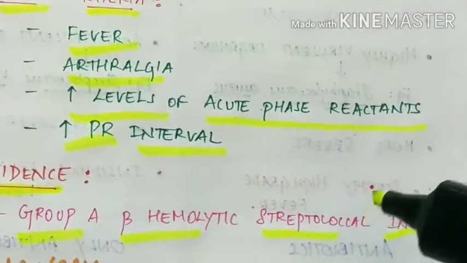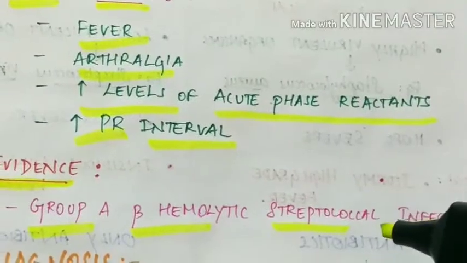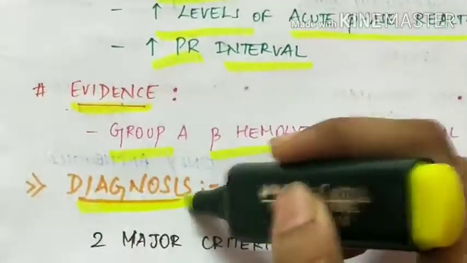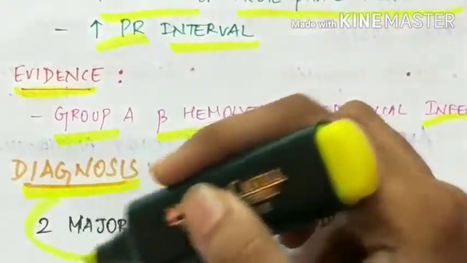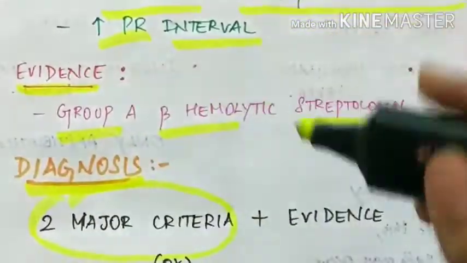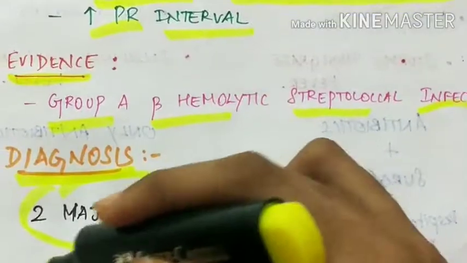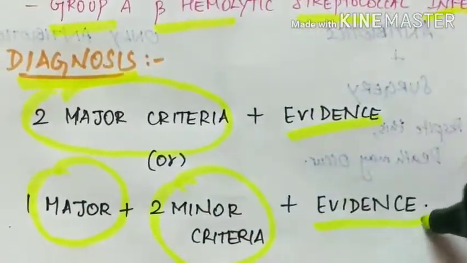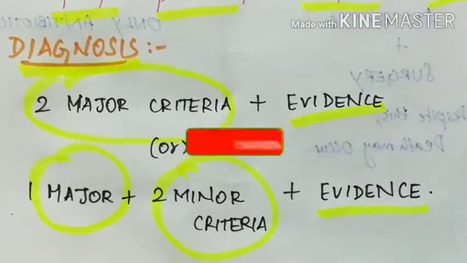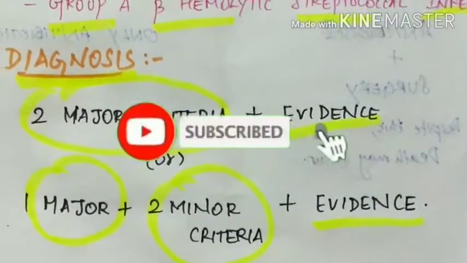This is essential for diagnosis of RHD. So for the diagnosis to be made, there should be two major criteria along with evidence, or one major and two minor criteria along with evidence to be diagnosed as rheumatic heart disease.